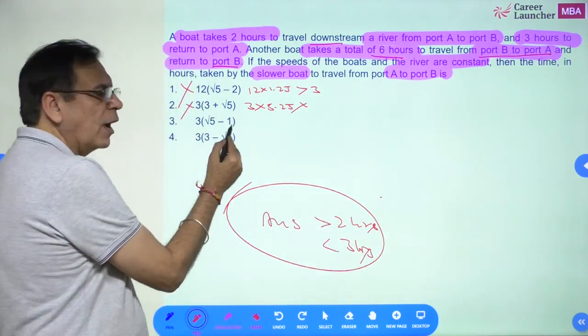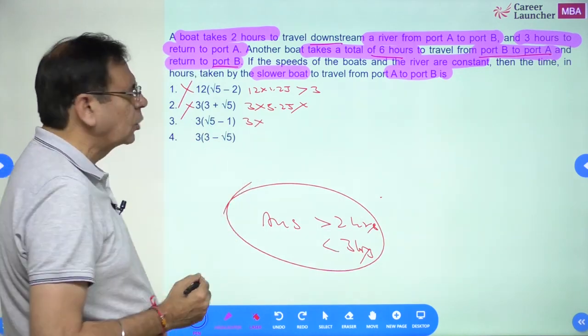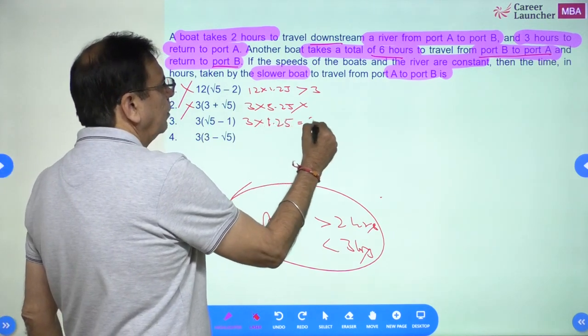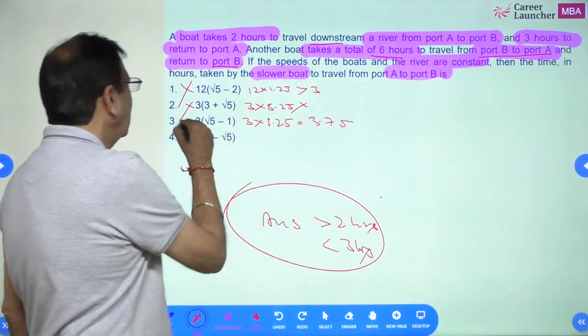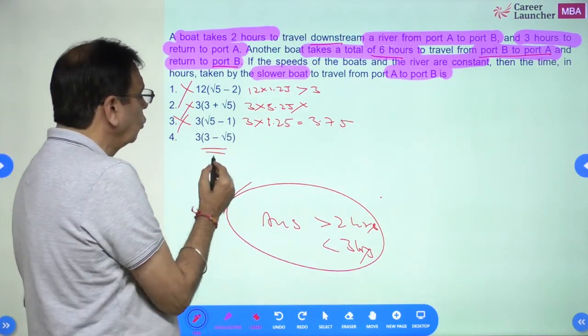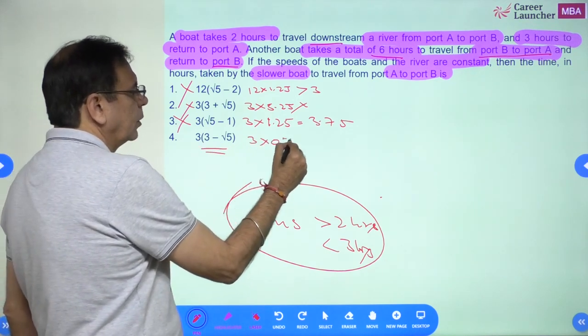Choice 3, root 5 minus 1. This is 3 into root 5, which is 2.25 minus 1. Oh, sorry, 1.25. What does it become? 3.75. गलत, यही होना चाहिए आंसर, बट वेरीफाई कर लेते हैं। How much is 3 minus root 5? This will become 3 into 3 minus 2.25, 0.75.